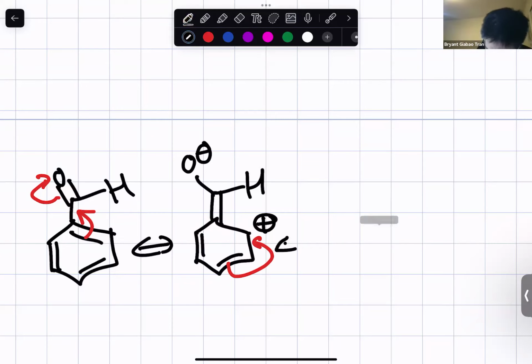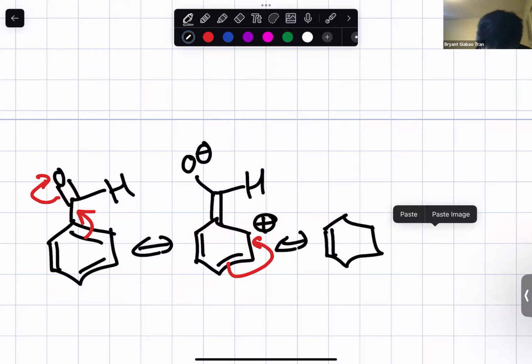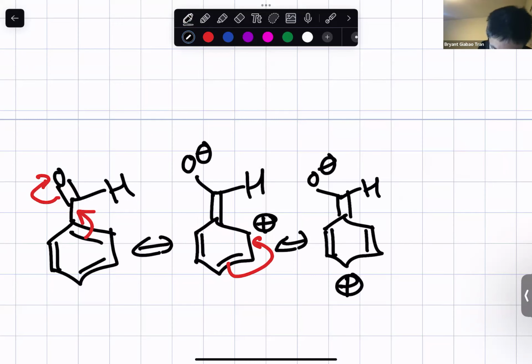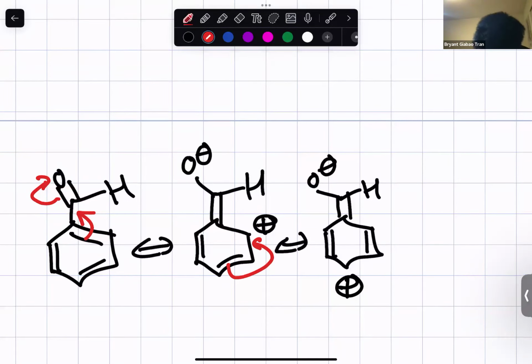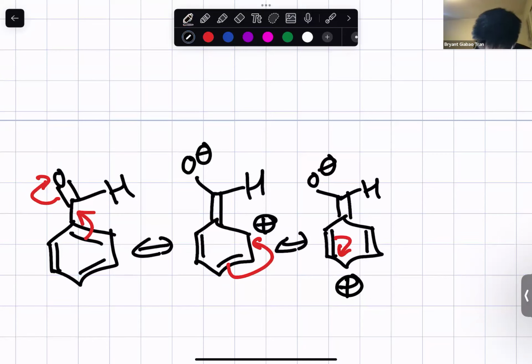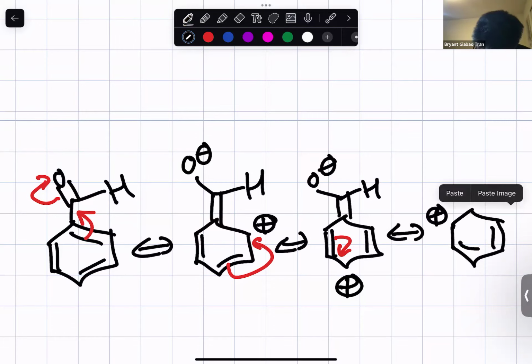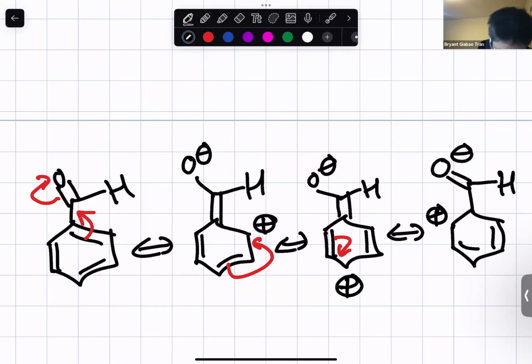That EWG is actually withdrawing electrons from the benzene ring, not donating. Okay, last resonance structure. Here. So do these resonance structures make sense? Yeah.